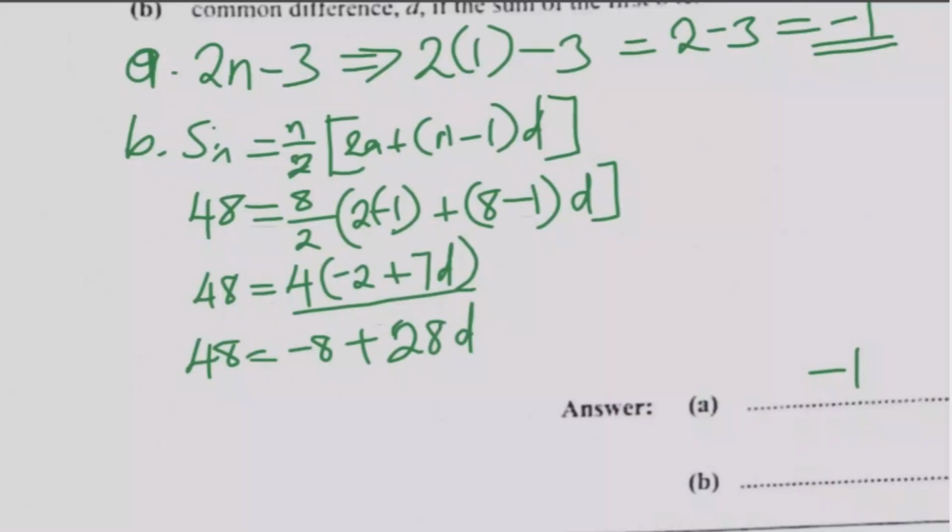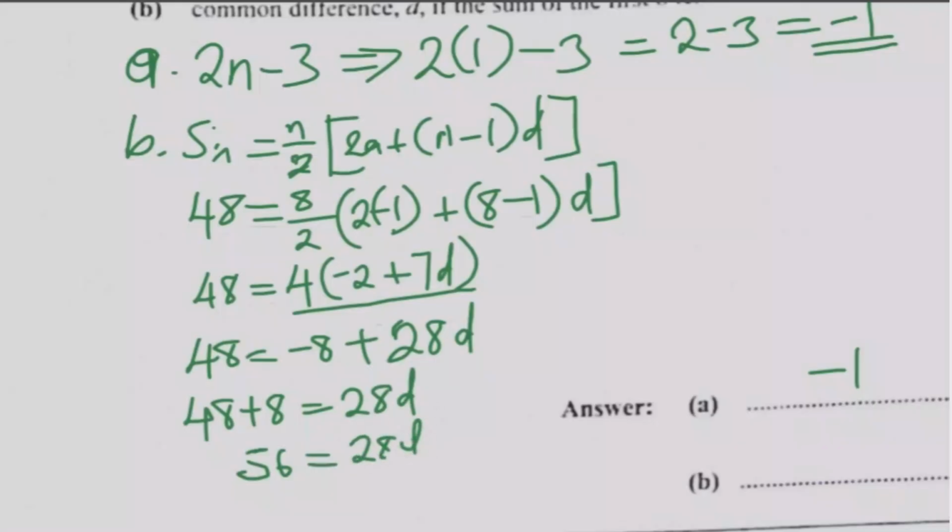Okay, so what I'm going to do now is put like terms together. So I've got 48, then 8 will cross the equal sign and become positive 8, is equal to 28d. Then next I'm going to evaluate 48 plus 8, which will give me 56, which is equal to 28d.